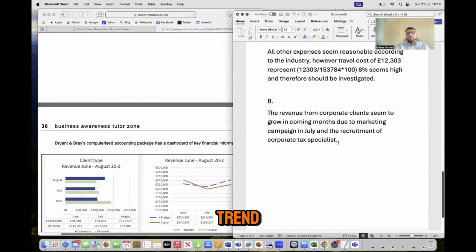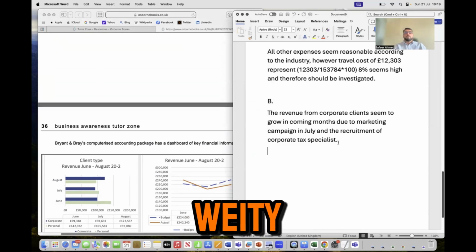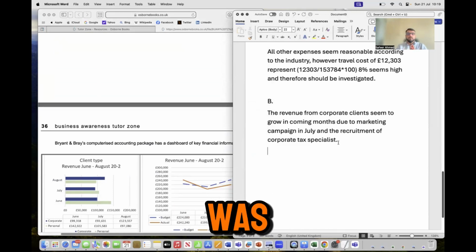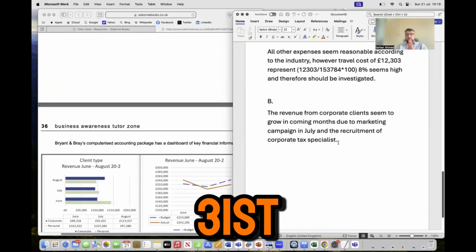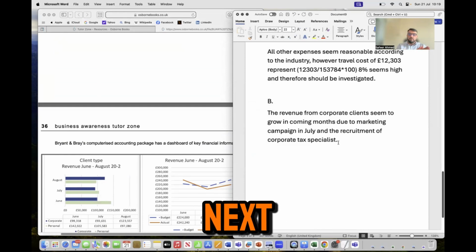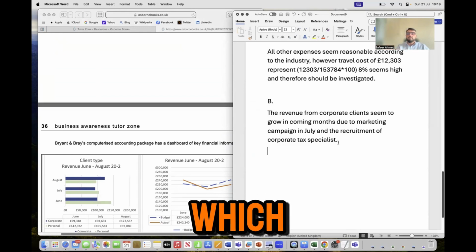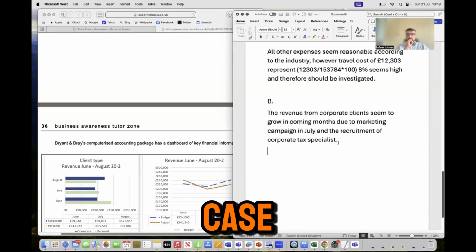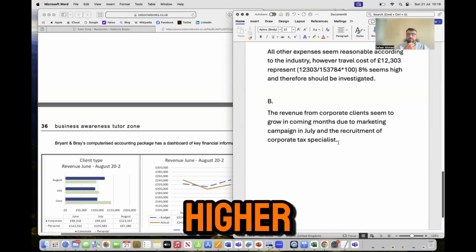Yes, the second trend. Remember that the VAT quarter end for a lot of clients was 31st of May. So the next quarter will be ending on 31st of August. So what does that mean? That the revenue from the VAT returns, which is from the personal clients in this case, will grow as well or will be higher.